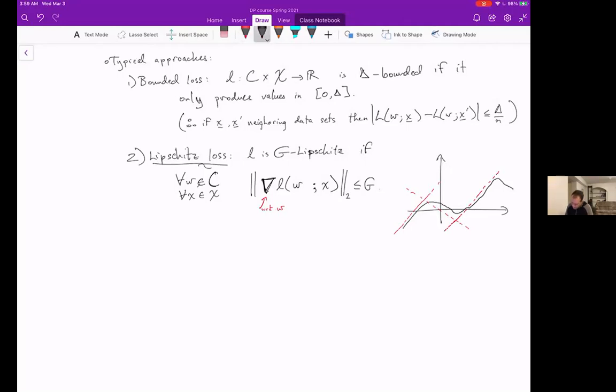The only problem with the definition as I've written it is that it requires the loss function to be itself differentiable. And if you think of some of the loss functions we talked about earlier, like the one that defines the median or the one that defines the support vector machine, they're not differentiable everywhere.